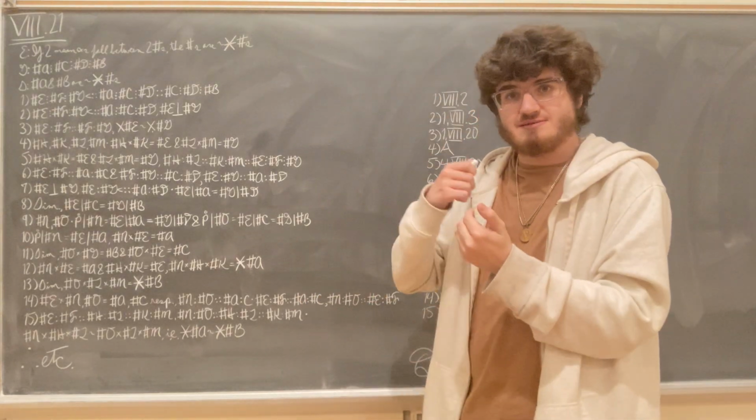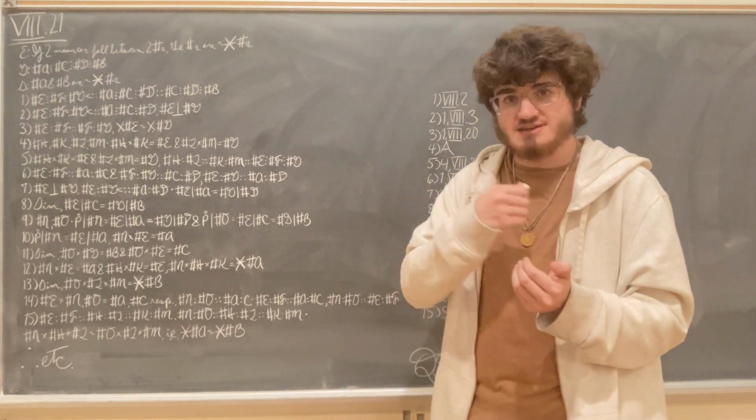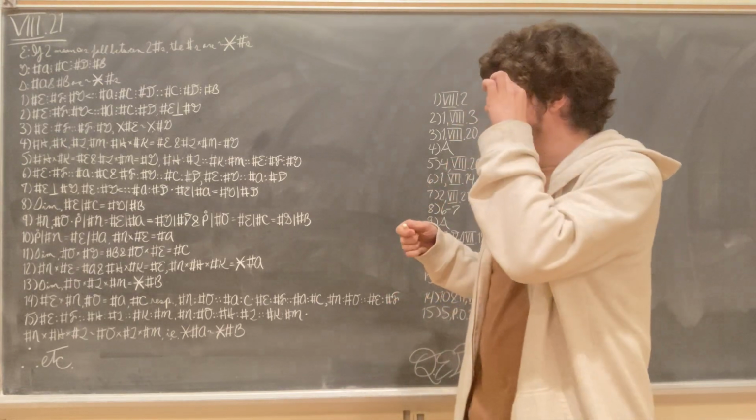So N times E makes A, O times G makes B, and O times E makes C.